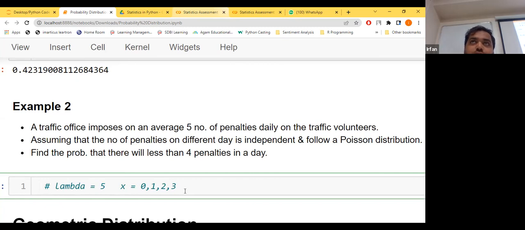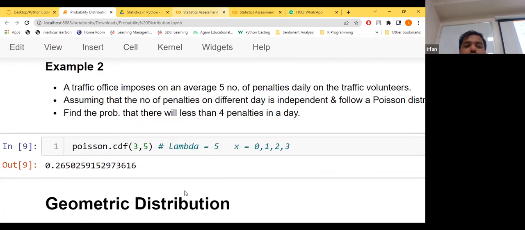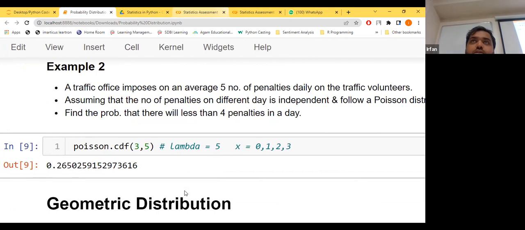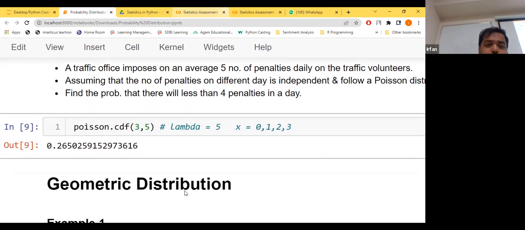Why CDF? What does CDF do? It does cumulative for 0 to 3. Perfect. So 3, 5. Cross check the answer, guys. 26.5. Same.